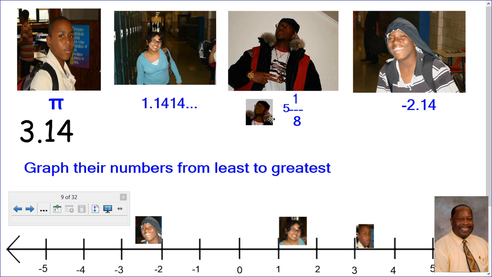And the last number, as I said, we don't have to make it a decimal, but we know it's a little more than 5, but you can make it a decimal. And that would be the order from least to greatest. So his number is the least, her number is the next, and his, and then finally his. Greatest from least to greatest.